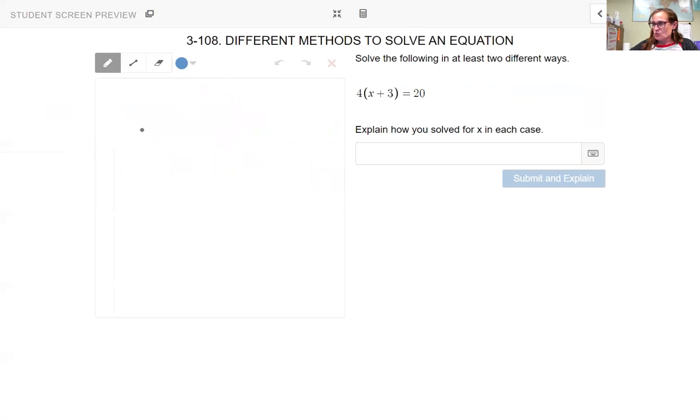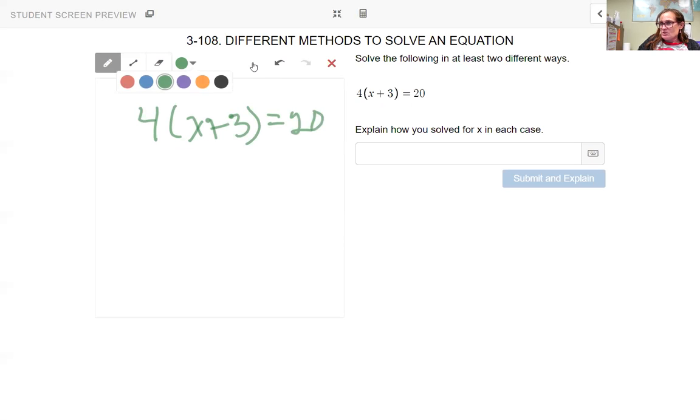All right, page 3. Page 3, we can do the same way, a math rainbow. Oh, this one says solve the following in at least 2 different ways. So you've got to think of 2 different ways that you can solve this equation. We've got 4 times x plus 3 equals 20.